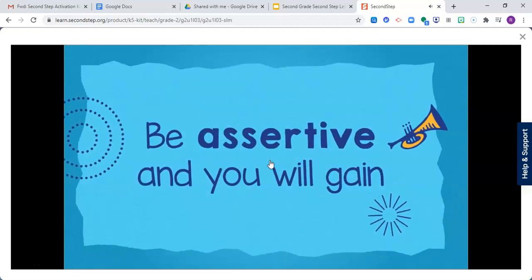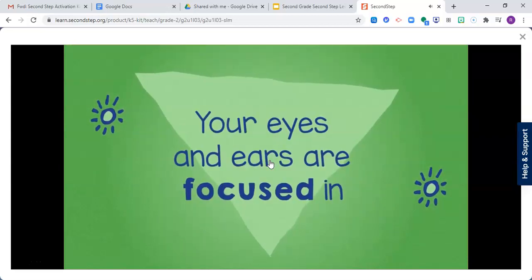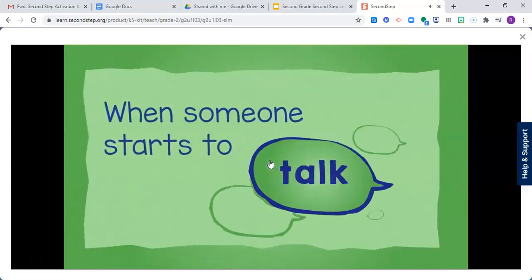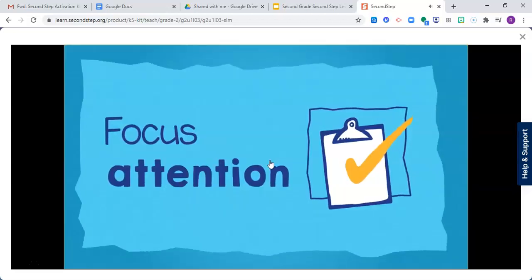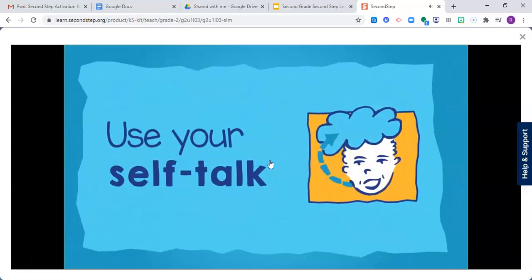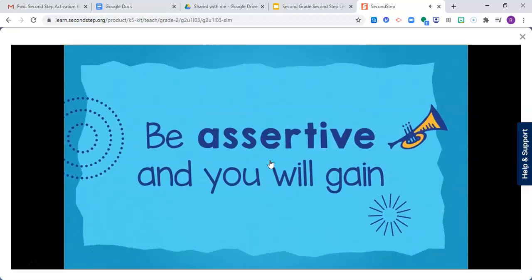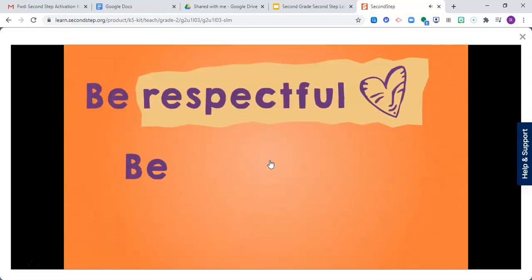Be assertive and you will gain. The lesson is starting up. Your eyes and ears are focused in. When someone starts to talk, show your respect by listening. Focus attention. Listen with your ears, eyes, and brain. Use your self-talk. Be assertive and you will gain. Be respectful. Be skillful. Be a learner.